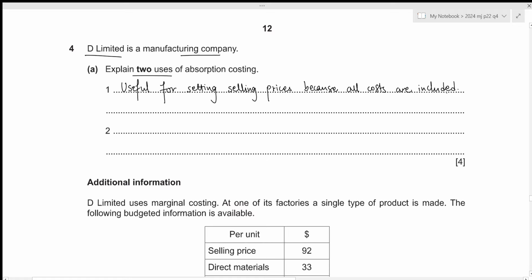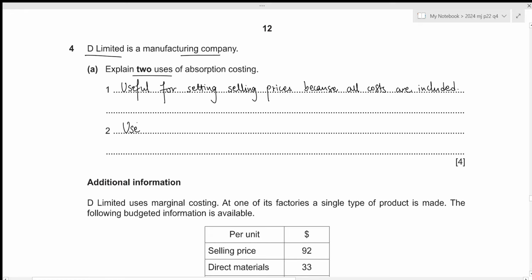The second use of absorption costing is that it can also be used in order to value our inventory, as it takes account of the fixed cost as well. Like I said before, absorption costing will value all of the product at the variable cost along with the fixed cost per unit, which is why it can be used for inventory valuation.